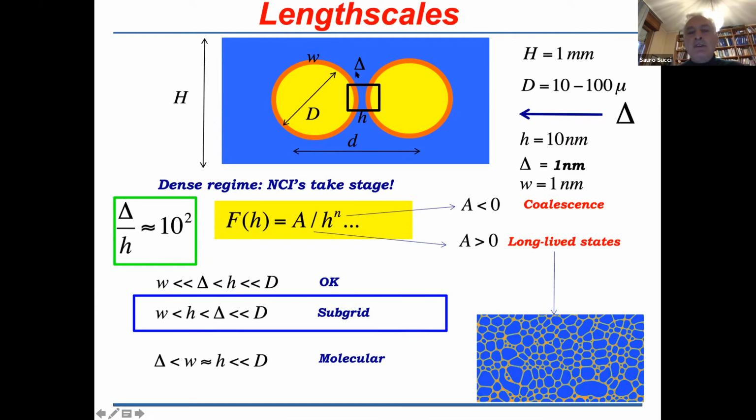The real difficulty: you have a computer with a given grid spacing, delta. When two droplets, like the ones here, come to a distance which can easily be below the nanometers, say 10 nanometers, there are additional interactions called dispersion forces, which are of various natures, could be surfactants, could be just depletion forces, etc. And the point is that these forces are crucial because if they were not around, the droplets would coalesce.